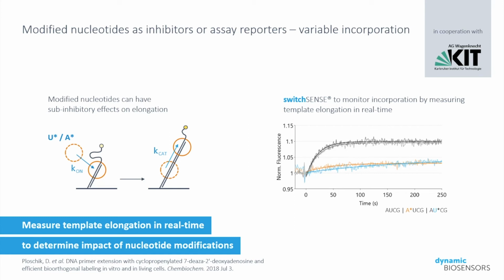But if you like, you can also work with chemically modified nucleotides and monitor how that changes elongation rate in real time. You can see the successful application of switchSENSE from the figure on the right to monitor incorporation of NTPs and how the presence of chemically modified nucleotides affects the rate of fluorescence change.